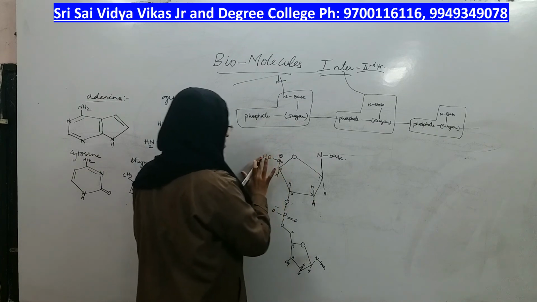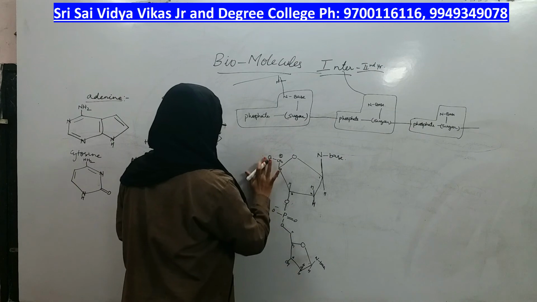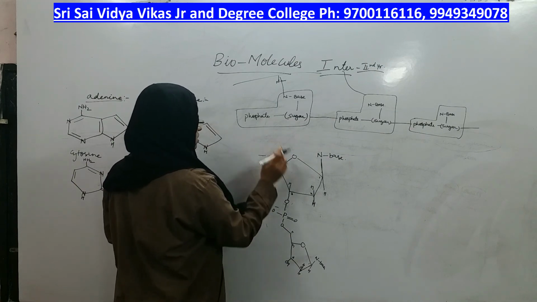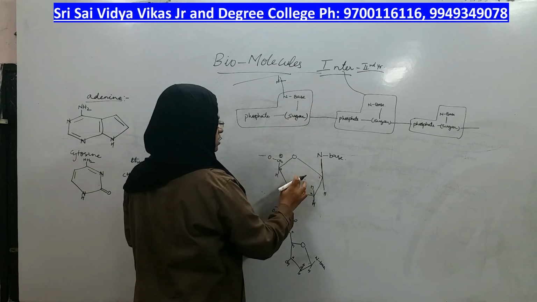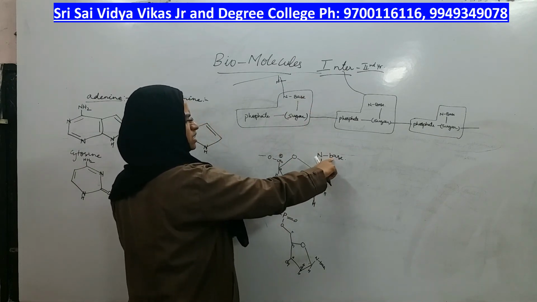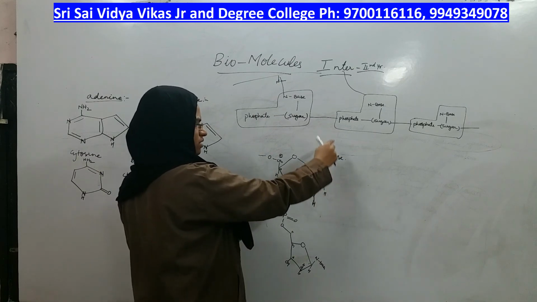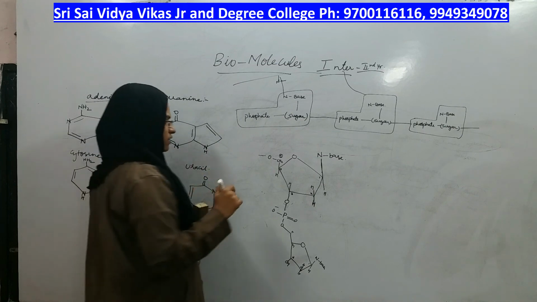This is one unit, and this is the fifth carbon. On top of the sugar there is a nitrogen base. It can be purine or pyrimidine; from purine it can be adenine, guanine, and from pyrimidine it can be cytosine, thymine, uracil, whatever it is, right?